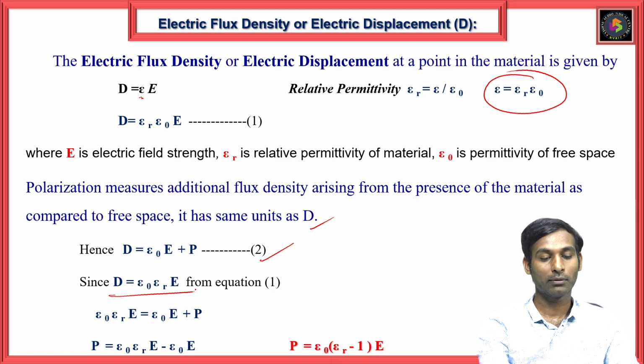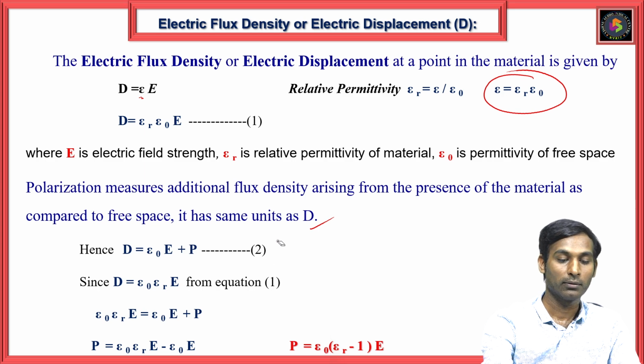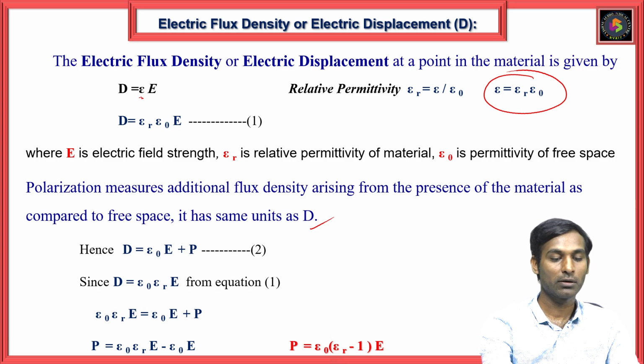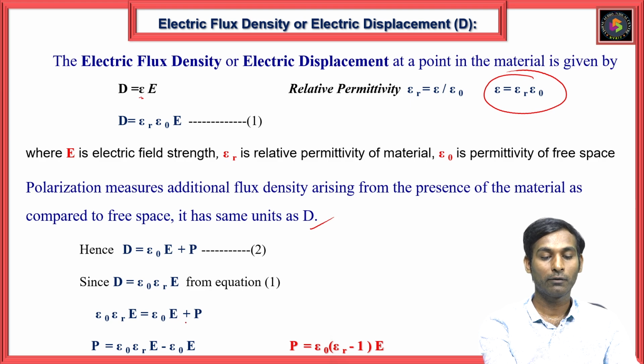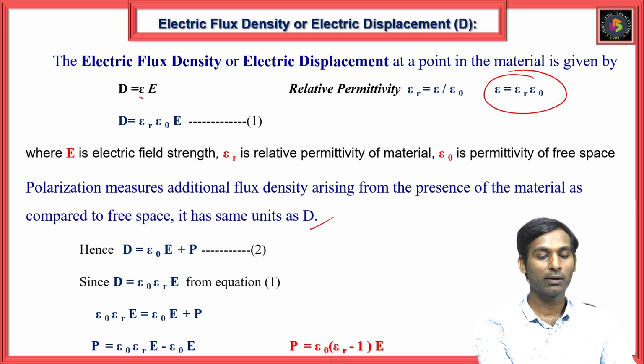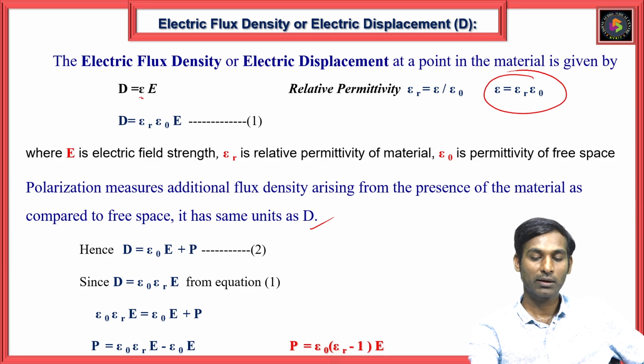Okay, from equation 1, substitute into equation 2. Here, substitute the D value from equation 1, we can write epsilon naught into epsilon R into electric field strength E is equal to epsilon naught into E plus P, for polarization. Therefore, polarization P can be written as epsilon naught epsilon R E minus epsilon naught E. Take epsilon naught common, that means take the permittivity of free space common, and we can write this equation in this way.